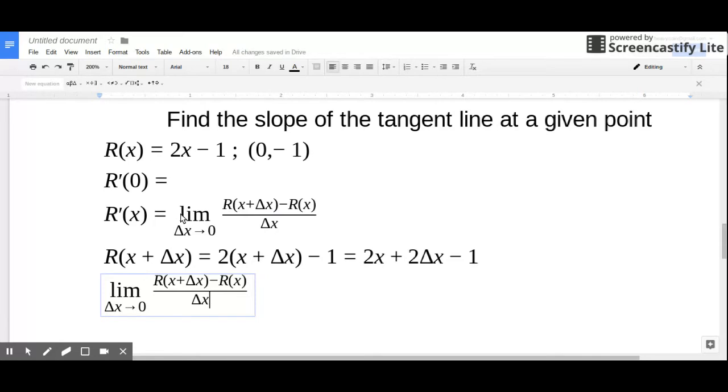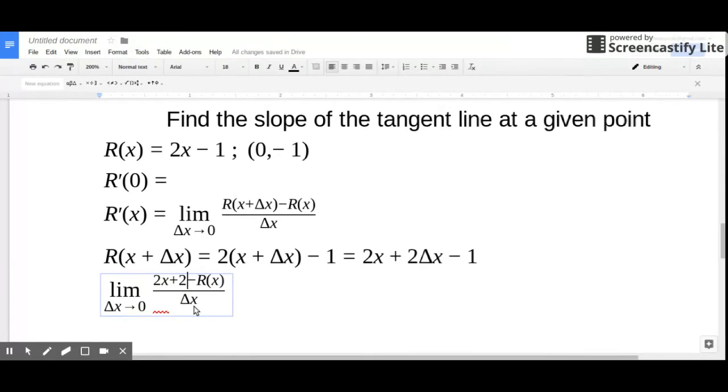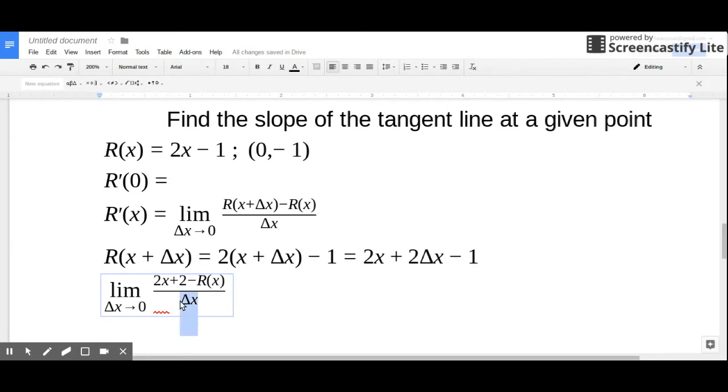Okay, and now this part right here is going to be the 2x plus 2 delta x. Okay, so we have 2x plus 2 delta x minus 1.